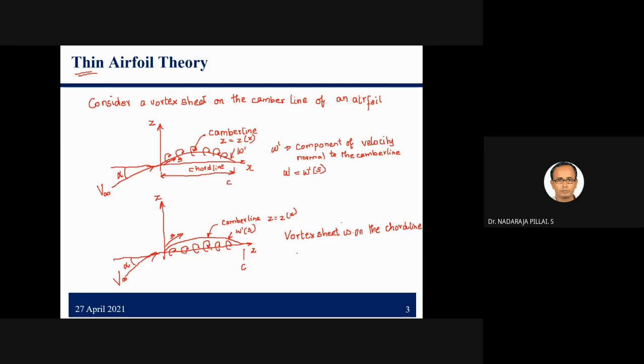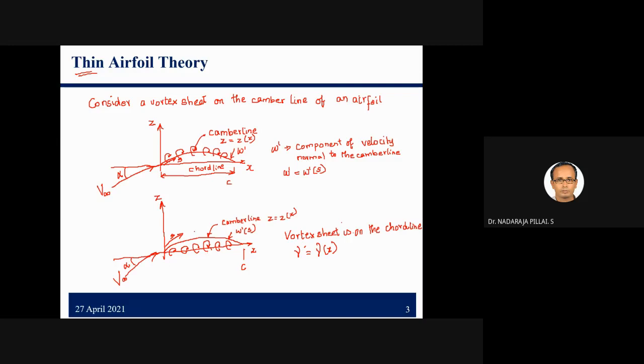So now we try gamma, right? So we can say that gamma is equal to gamma of x. So we still wish to have the camber line to be a streamline for the flow, right? We can keep the camber line, but we will assume that the camber line is a streamline for the flow.